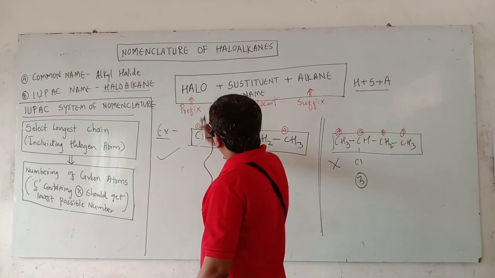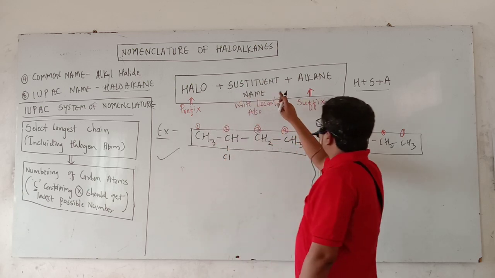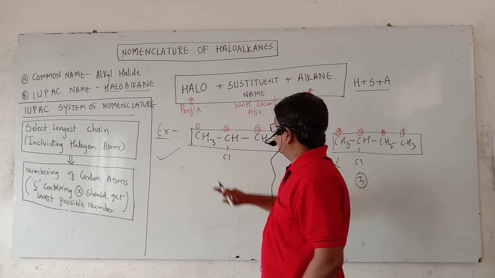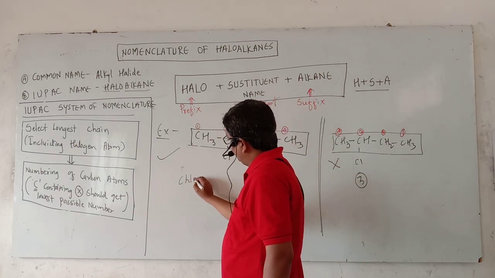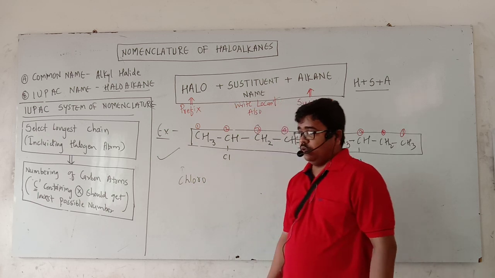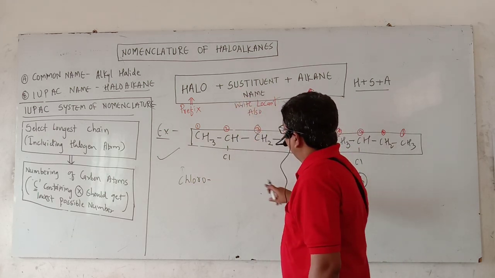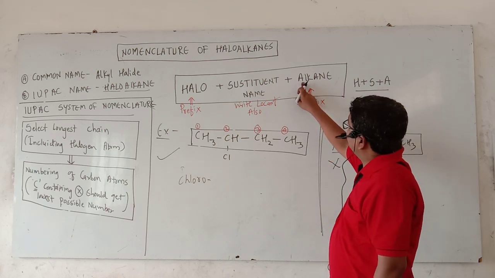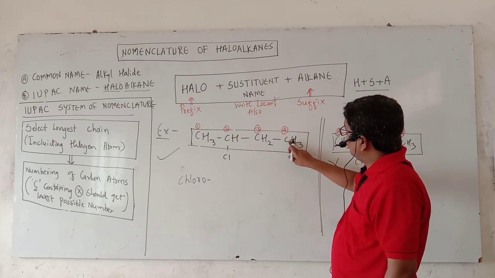Okay. Now name in the form of halo, substituents name and then alkane. Okay. So write down first halo. Here Cl is there. So halo will be chloro. Okay. Substituents name. Here substituent is not there. Then name of alkane. How many carbon atoms? 4 carbon atoms.